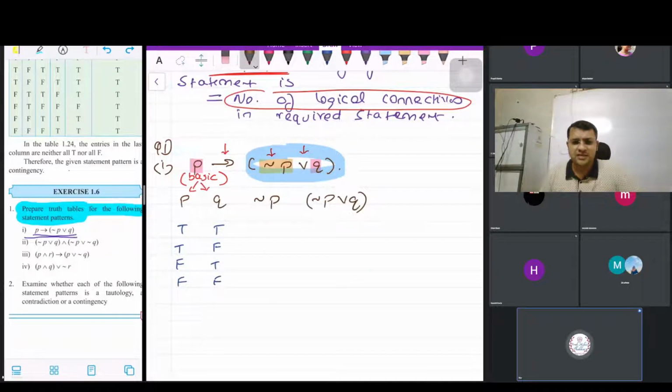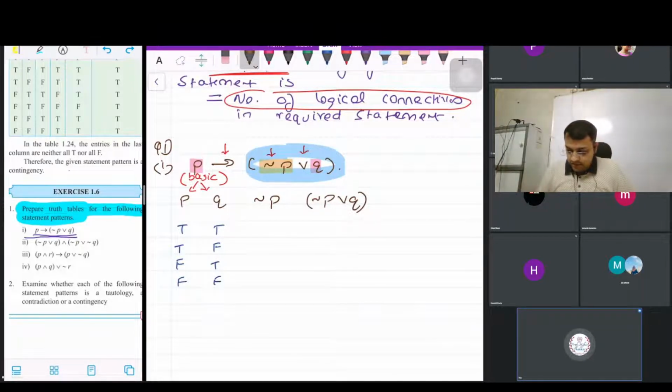You might think, sir, because the bracket is required to be first, why did we not take negation P or Q in the beginning? The simple answer is that I cannot do negation P or Q unless and until I have the values of negation P. Therefore, I am first of all focusing on the values which are inside the bracket. Then I am coming to the entire bracket. Now I will go outside the bracket.